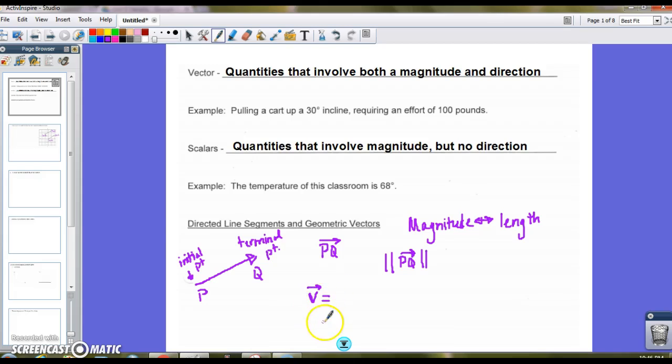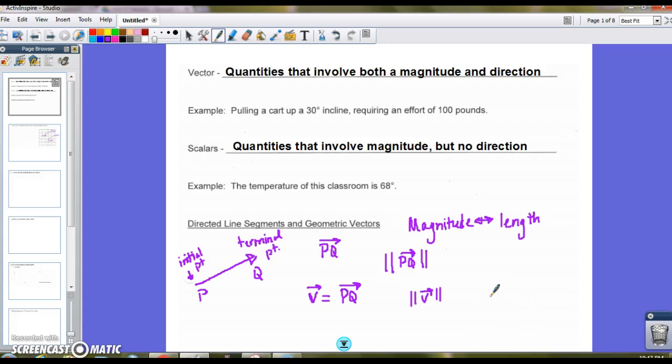That's a vector, but when we write it, we put the arrow over it. So v is the same as PQ. They're both vectors, and that's how we would write it. Magnitude, when we write it, we would write it like that. In the book, though, it wouldn't have the arrow over it. So that's just a couple of things.